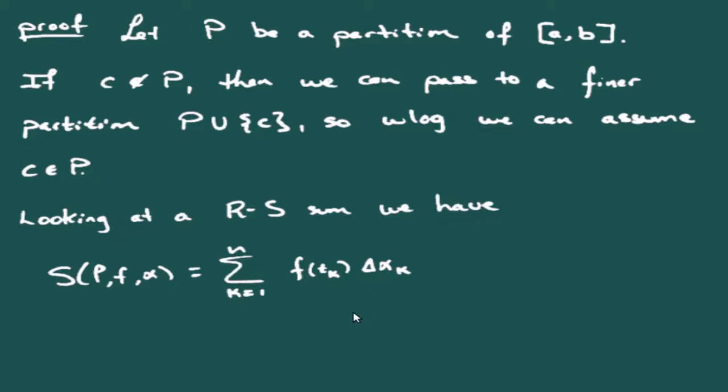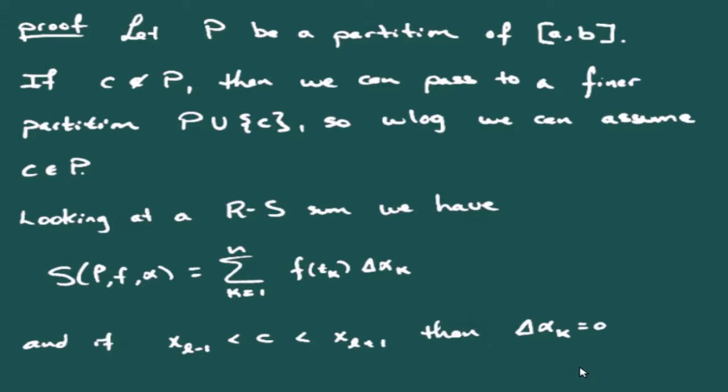Well, let's suppose that C is in our interval x sub L minus 1 less than C less than x sub L plus 1. And so what that means is that the only time we're going to have a non-zero value in our sum is when k is L or k is L plus 1.